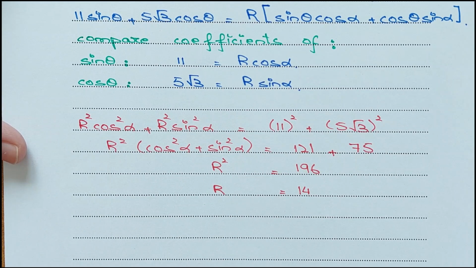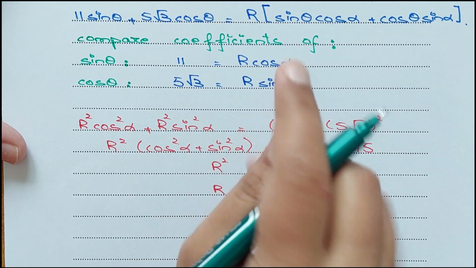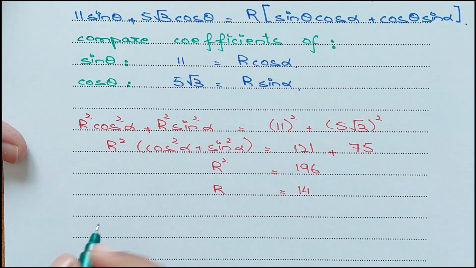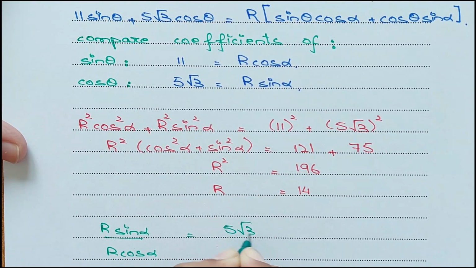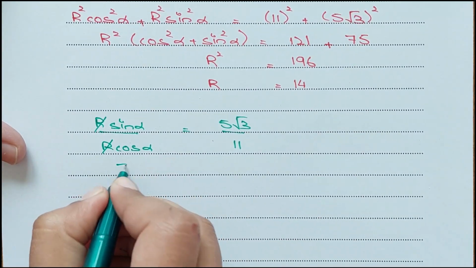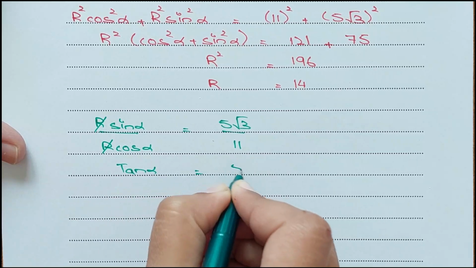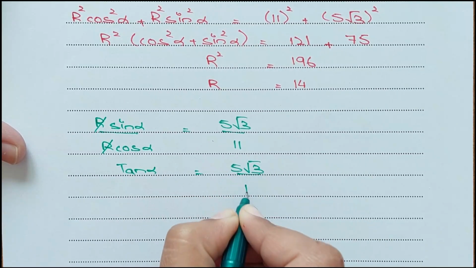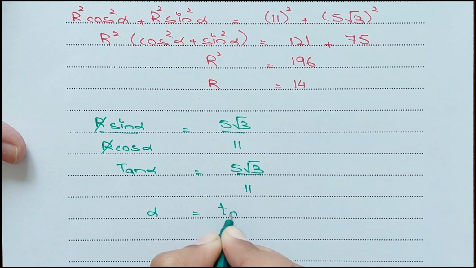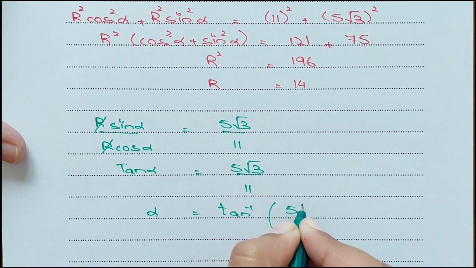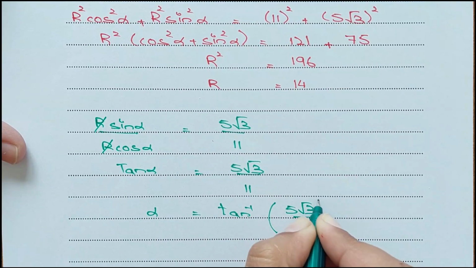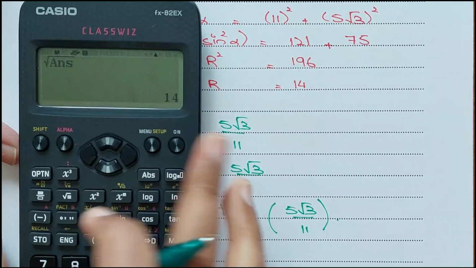Now the next step is to solve for the value of alpha. So if I divide the second by the first, r sin alpha over r cos alpha is 5 square root of 3 over 11. r is cancelled with r. Sin alpha over cos alpha would be tan alpha. This is 5 square root of 3 over 11. And what is alpha? It is tangent inverse of 5 square root of 3 over 11. It should be in the first quadrant, between 0 and 90 degrees, right?